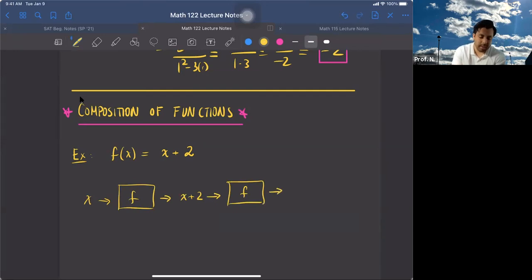It takes whatever the input is and adds 2. So I'm going to have (x plus 2) plus 2. So the result will be x plus 4. So if I'm applying the function to itself, the result is x plus 4. And we'll see more of this next time. We'll talk about the notation and finding a domain for composition of functions. So that's when things get a bit more interesting.